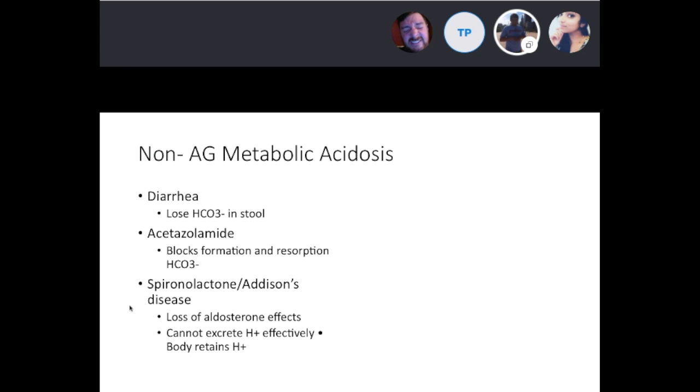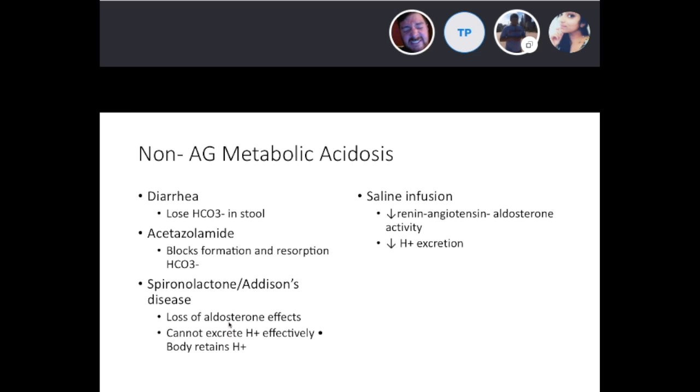Spironolactone and Addison's disease: spironolactone is an aldosterone blocker, while in Addison's disease you're just not making any aldosterone. So you have a loss of aldosterone effect, and you cannot excrete hydrogen ions effectively, so your body will retain the hydrogen ions, causing an acidosis.